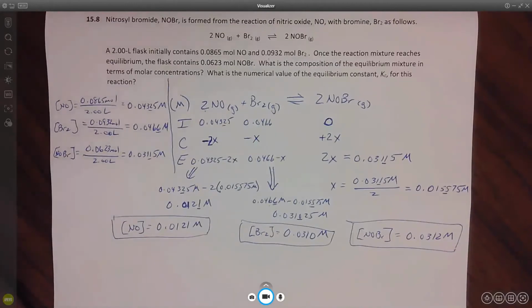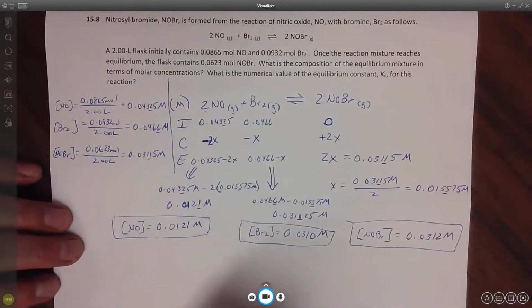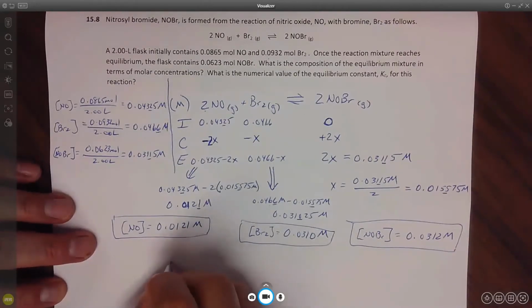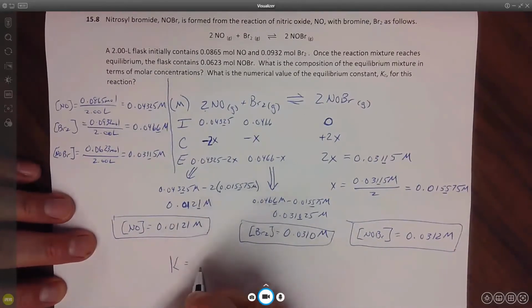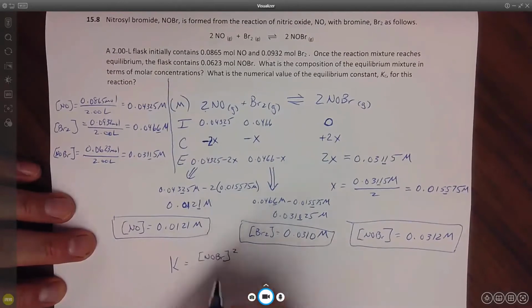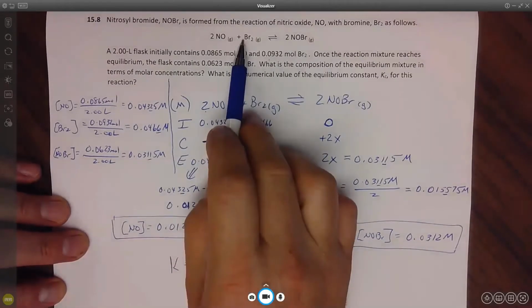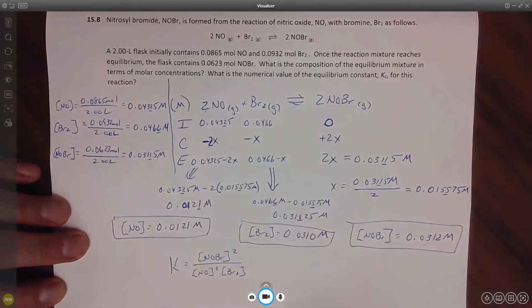Okay, so in other words, write the equilibrium constant expression. So Leah, what is the equilibrium constant expression for this reaction? That's going to be K equals the bracket NOBr raised to the second power, divided by NO also raised to the second power, and then just Br2, raised to the first since there's a 1 in the coefficient. Okay, now what?